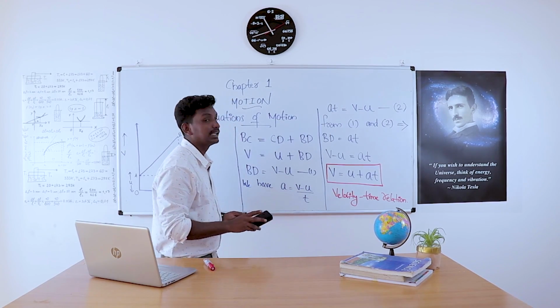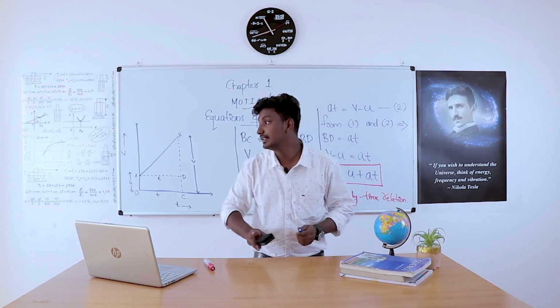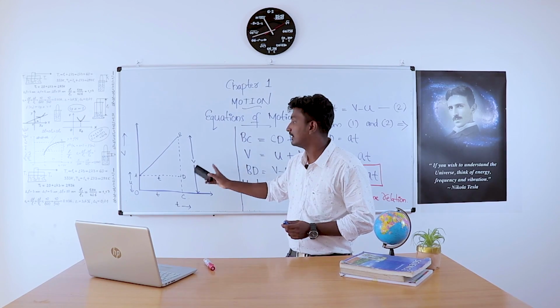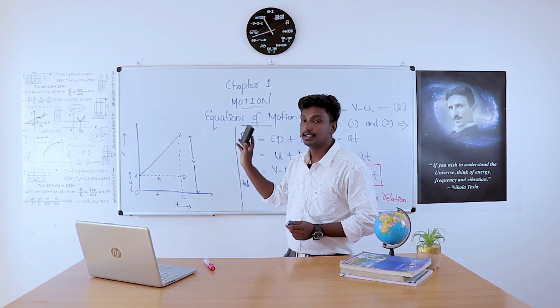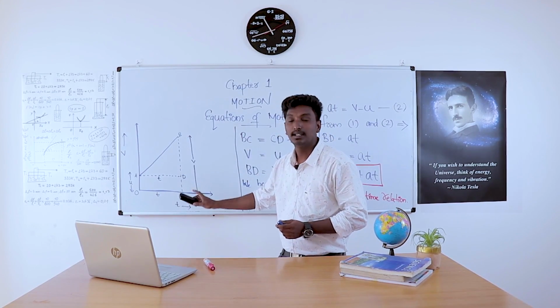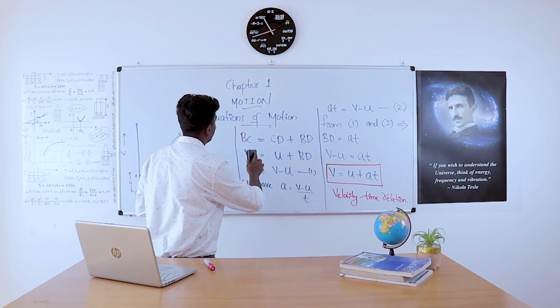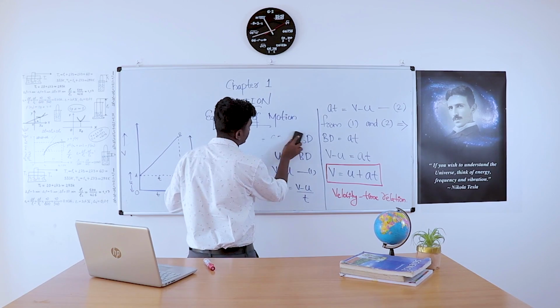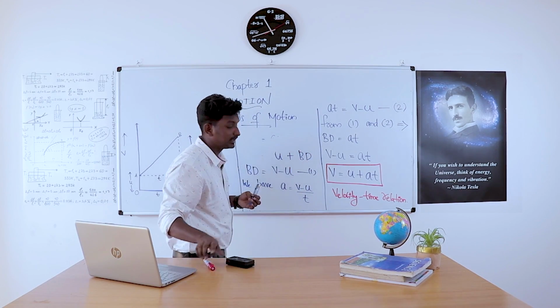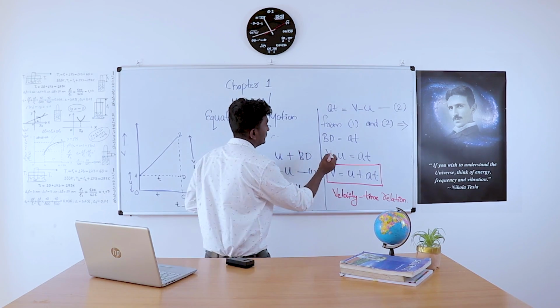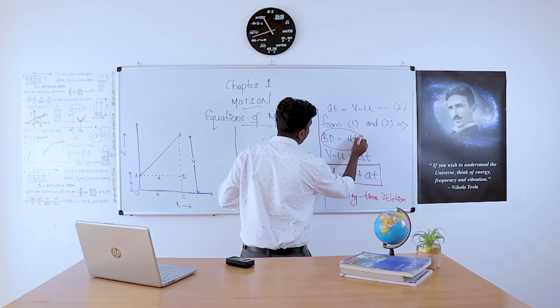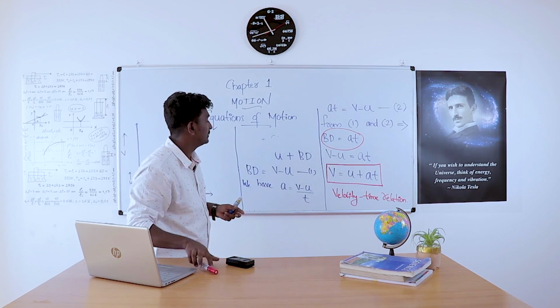Now we have to derive the second equation from the same graph. Therefore, I am not rubbing the graph. I will rub it after deriving all three equations. Moving to the second equation, just note a point from the first derivation: BD is equal to AT.